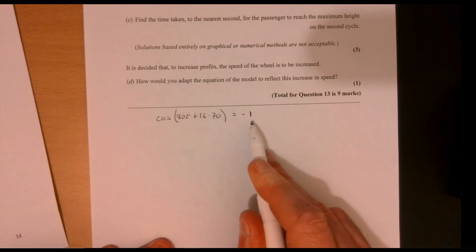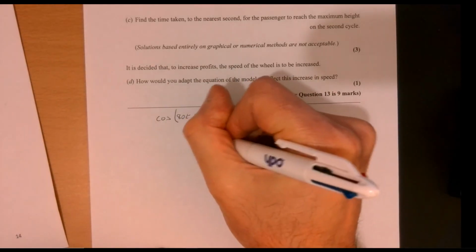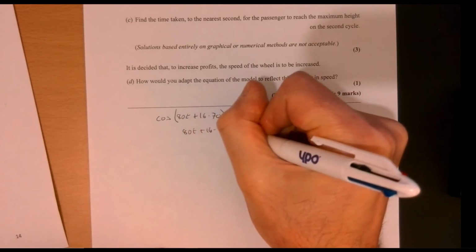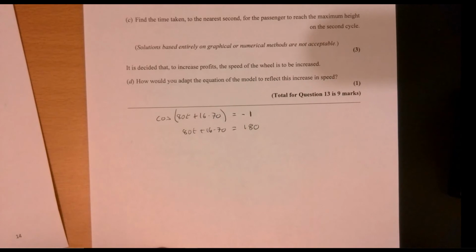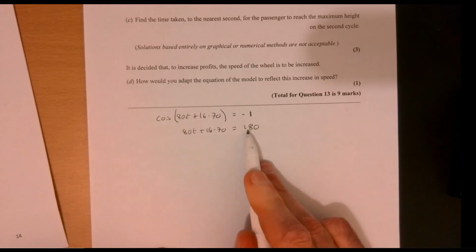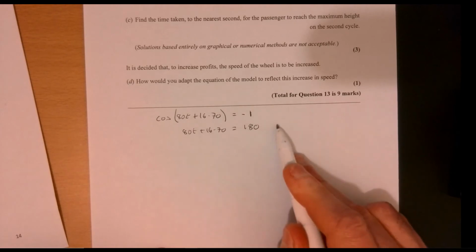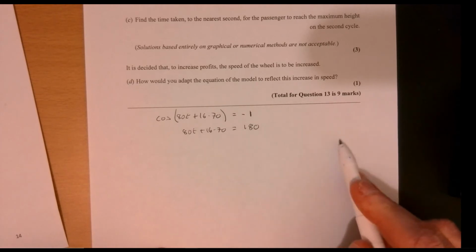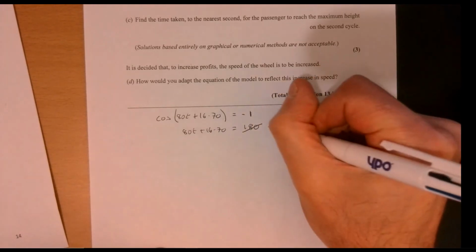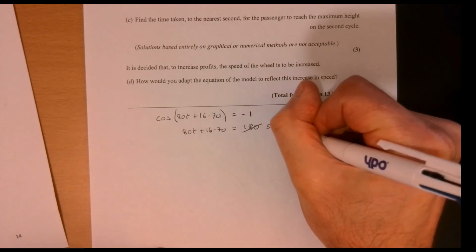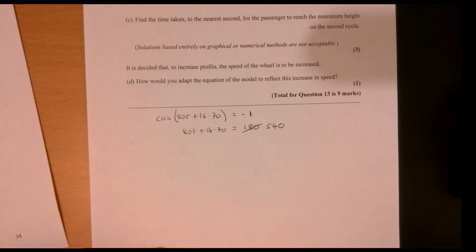So if we inverse cos this, that will mean 80t plus 16.70 equals 180 degrees. Remember, it's the second cycle. So if you think about cos, it has a complete cycle of 360 degrees. So the second cycle is that plus 360. So that's 540.